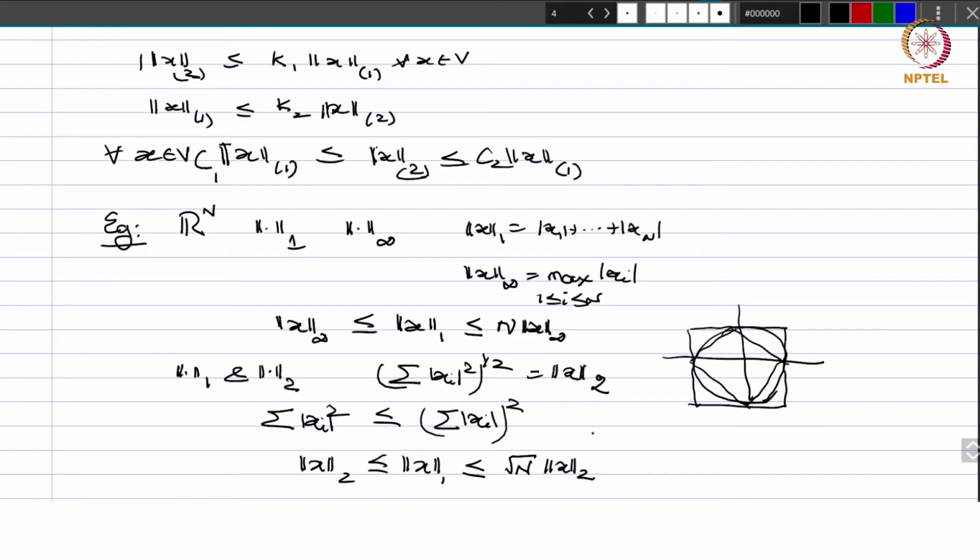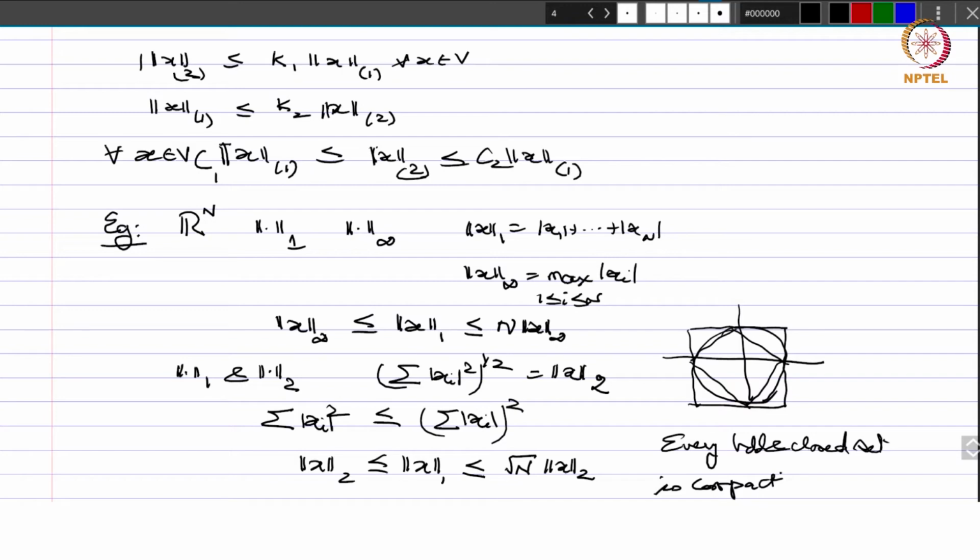So in the usual topology, in particular, every bounded and closed set is compact, and this is a very important fact to remember, and we will use this to show.